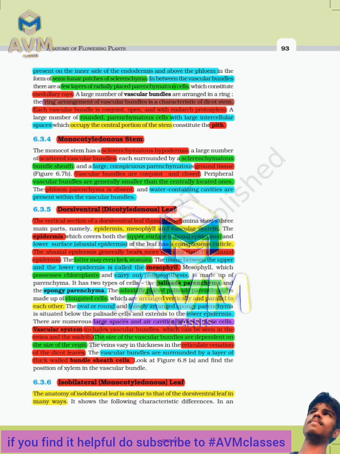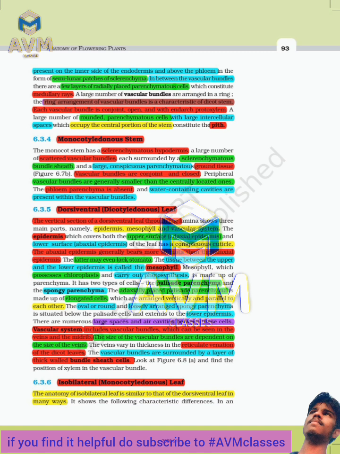Pericycle is present on the inner side of the endodermis and above the phloem in the form of semi-lunar patches of sclerenchyma. In between the vascular bundles, there are a few layers of radially placed parenchymatous cells which constitute medullary rays.